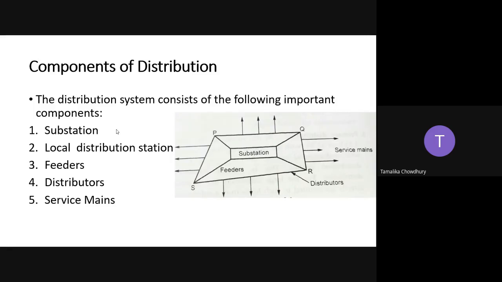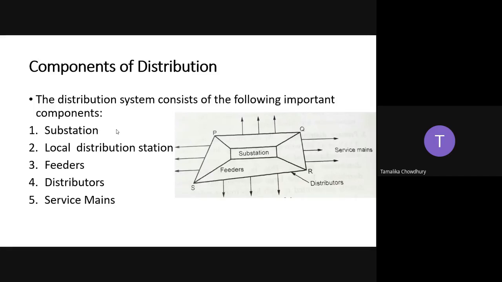Okay, so I'm just telling in short about the functions of each of them. First, the substation. We all know that transmission lines, those carrying very high voltage, enter the distribution by the use of transformer. So the transmission lines bring the power up to the substations at a voltage of about say 33 kV.